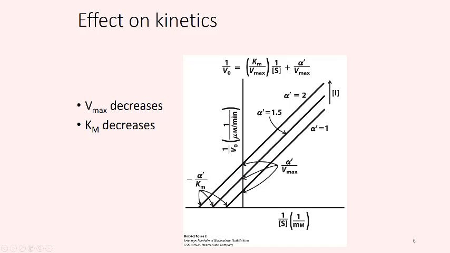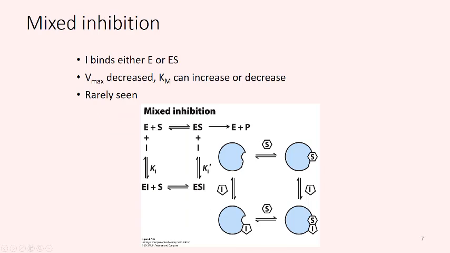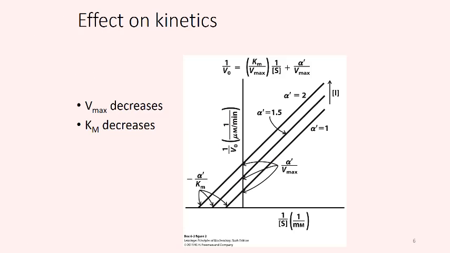Because both the Km and the Vmax decrease proportionally to each other, there's no change in the slope. That's why the classical indicator of uncompetitive inhibition is these parallel lines moving up the y-axis.